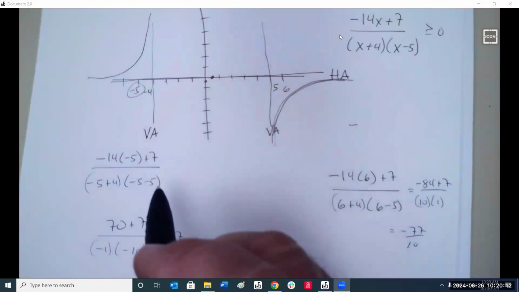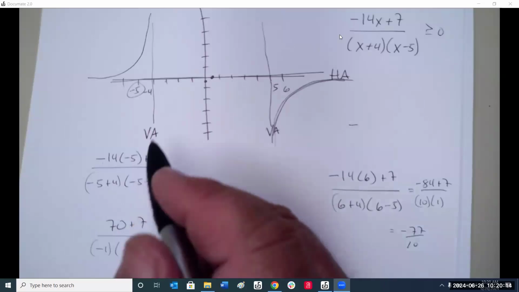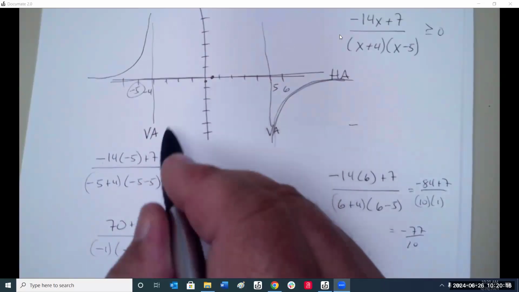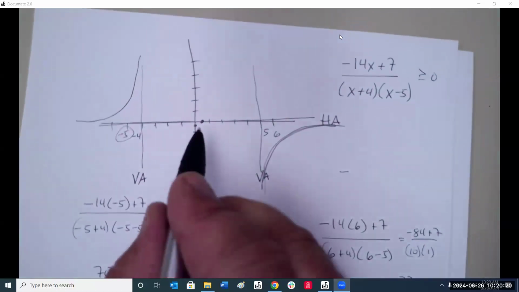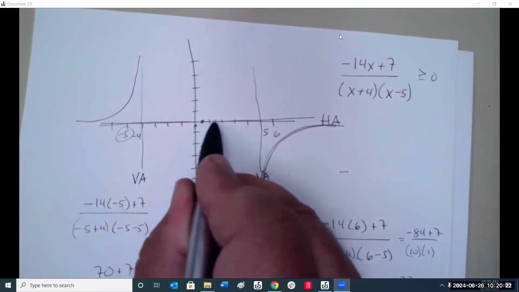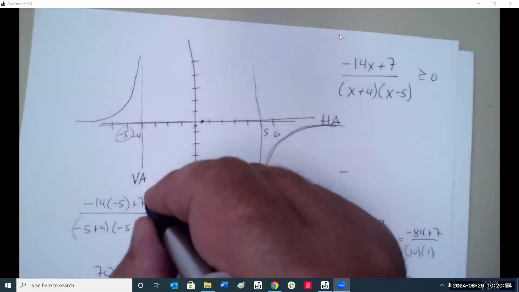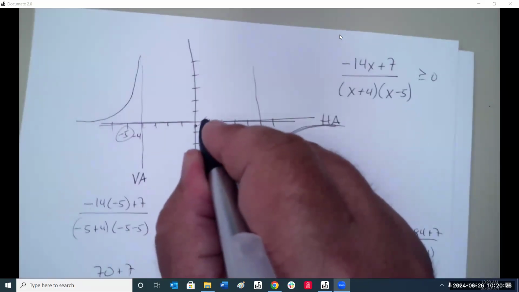Now, the problem comes here. What's going to happen here? Is it going to go like this, like I'm expecting? Because we only have one y-intercept and one x-intercept, it doesn't cross the x-axis anymore. So it has to go from there to there.